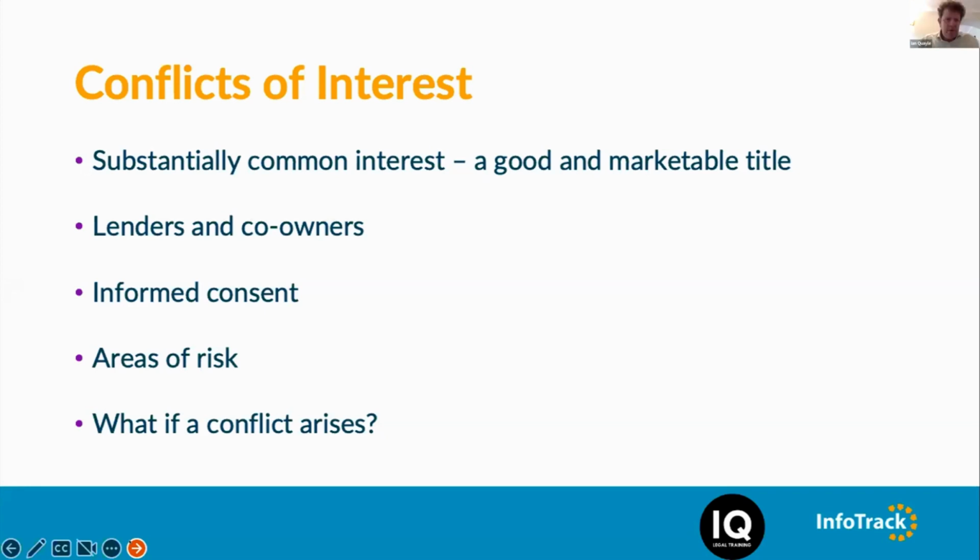Frequently, you might have one party in a co-ownership scenario that is taking the lead with regard to the transaction, particularly with regard to lenders. Given what we said earlier about risks of undue influence, etc., it's important that both clients are aware of our duties and obligations and aware of the facility that's being offered by the lender and the duties and obligations that are owed by the borrowers to that lender.